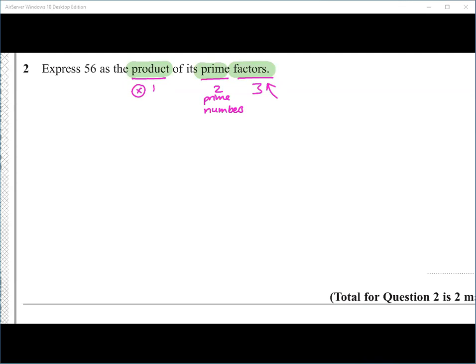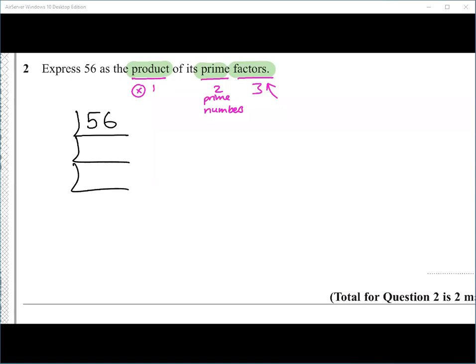Okay, so factors of a number are the numbers that the number divides into without leaving a remainder. How do we go about this process? What do we do to the 56? Do you do a factor tree? Well, I tend to bring it down like this. This is the technique that I like to use rather than the factor tree as such.